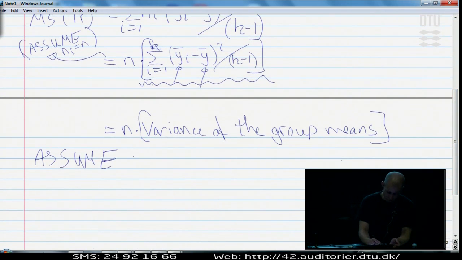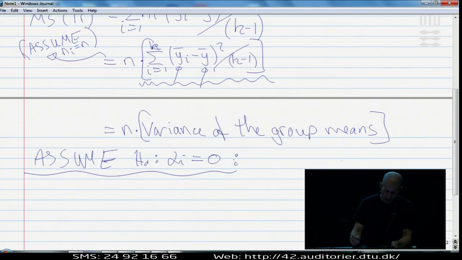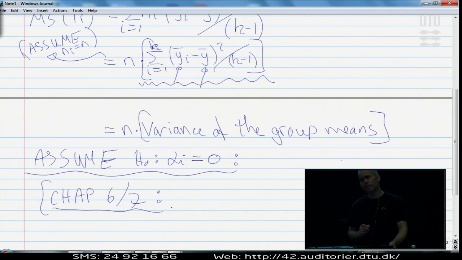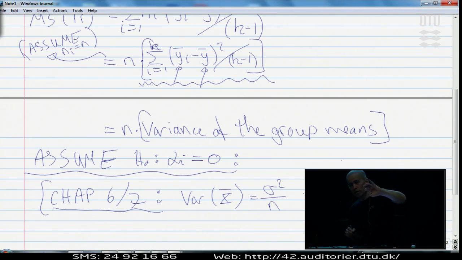So if we assume the null of all the groups being the same, then we should think about what the variance of group means really is. Then we should think about a result that we learned back in chapters 6 and 7 already. What did we learn? Among other things, we learned that the variance of a random average is the variance of the individual observation, sigma squared, divided by n, where n is the number that we use in the averaging, right?